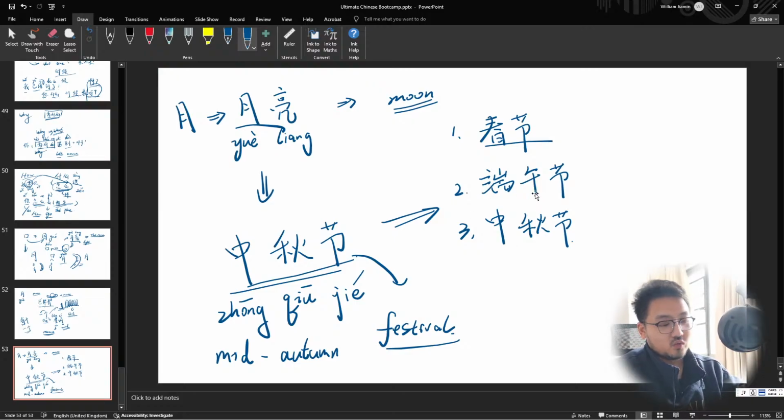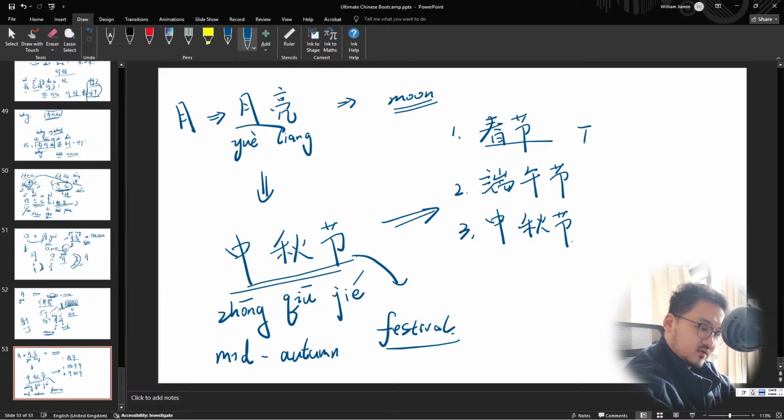So 五 is from the traditional Chinese calendar, okay? So it's like the lunar calendar, and it's the 5th month, okay? And the 5th month is also called 1, 2, 3, 4, 5, right? So 五月, right?